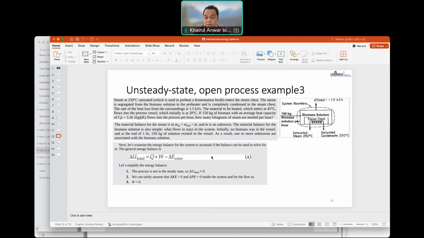So this is based on SI units. This is the diagram. 150 kg biomass solution per hour goes into the steam chest.